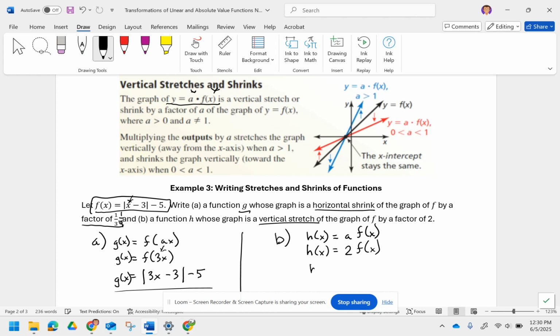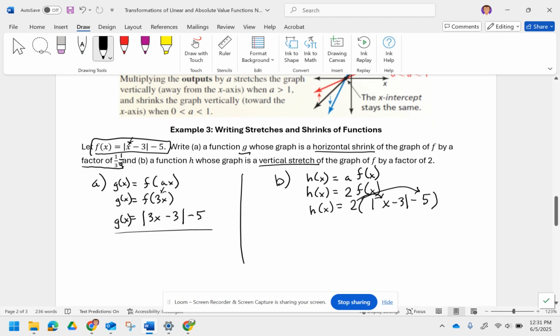All right, well, let's substitute f of x in. So that's going to be absolute value of x minus 3 minus 5. This multiplication of 2, we need to multiply it through to both terms.